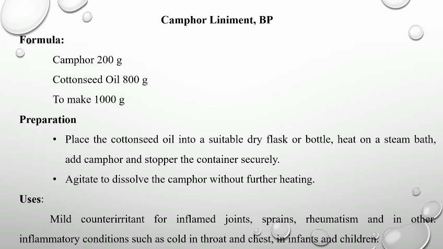After adding the camphor, we have to stop heating and dissolve the camphor in the cottonseed oil until the camphor is fully dissolved. Usually, this camphor liniment is used to treat sprains, rheumatism, and other inflammatory conditions.